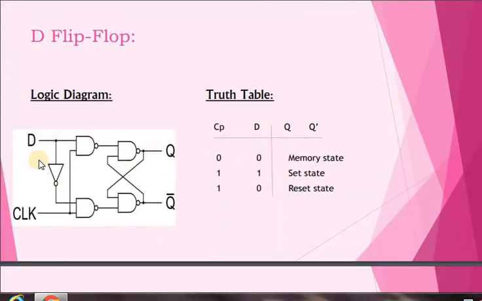It is basically a modified version of the clocked SR flip-flop. It has only one input. This input is passed through an inverter and given to the other NAND gate as an input, along with one clock pulse.